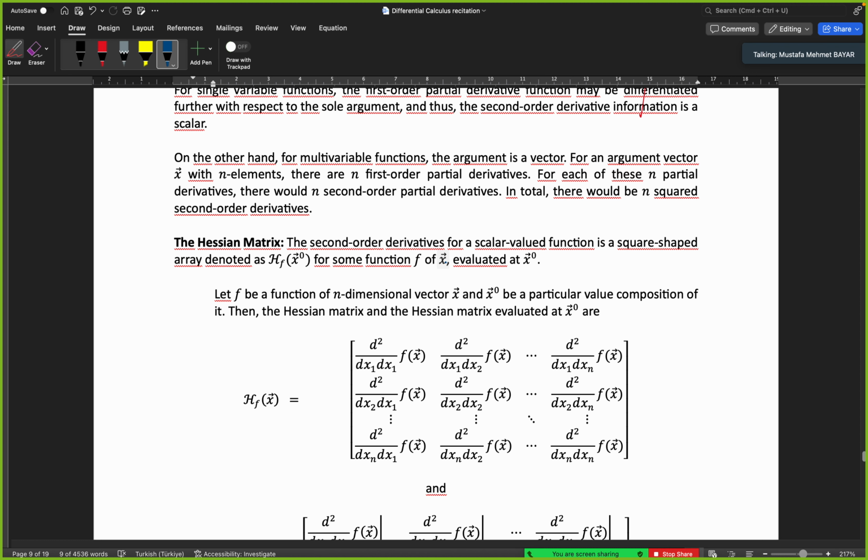And then for each of these first order partial derivatives, you're going to have n second order derivatives, like this one. Differentiated first with respect to x1 and then with respect to x1 again. First with respect to x1, then with respect to x2. First with respect to x1, then with respect to xn, and on and on. If you arrange the second order partial derivative information like this, then you get a Hessian matrix of F.